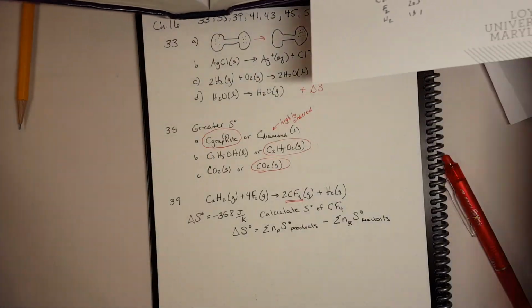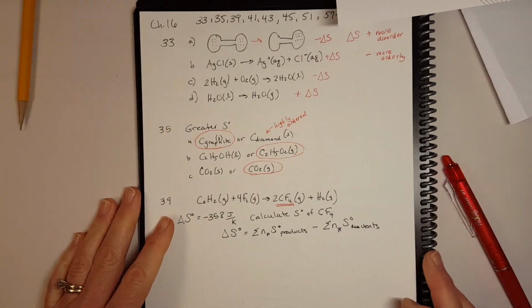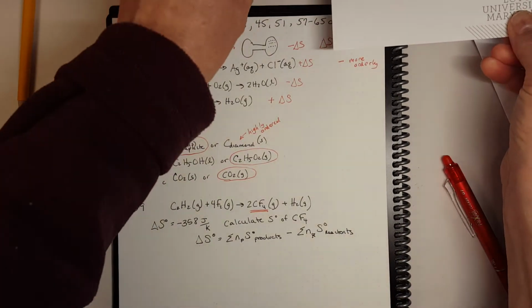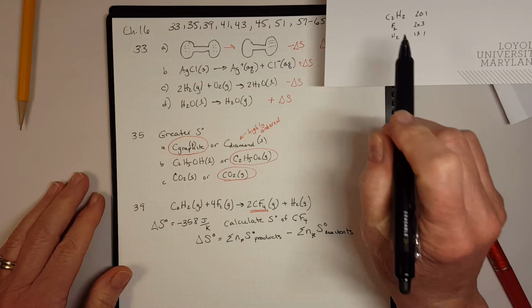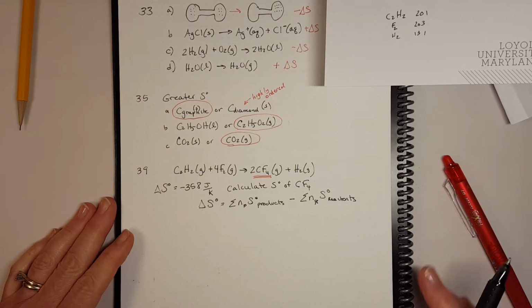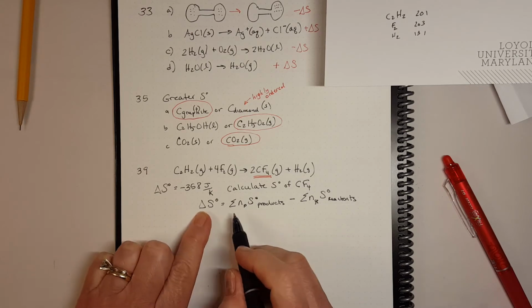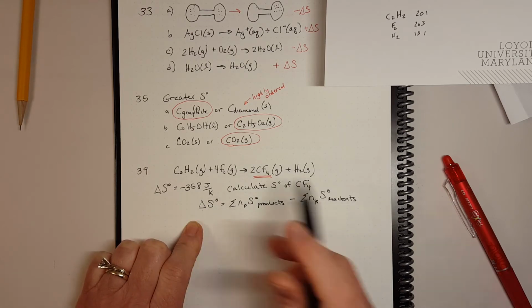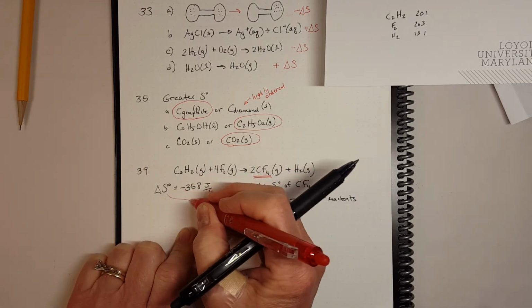Okay, so back to our problem here. I looked up in the appendix and wrote down the numbers that I need. These are the S values out of that appendix. The delta S of the reaction is given. That's this.